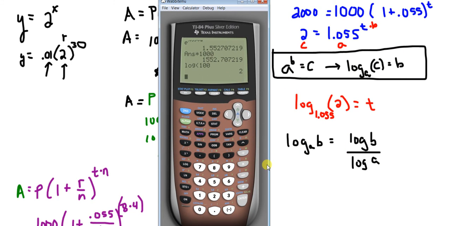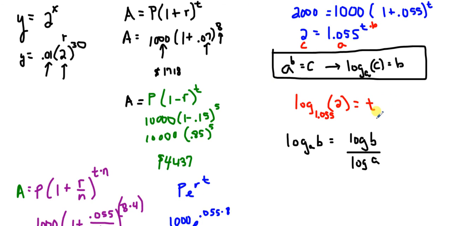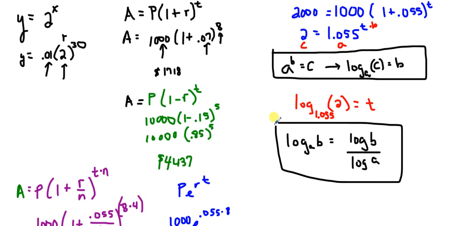So now scrolling back down, to use this formula, let's undo that. Go black. Here are our two formulas that we want to use. I'll circle. So if I go back to red and I want to solve using this, this is the same thing as log of 2 over the log of 1.055.